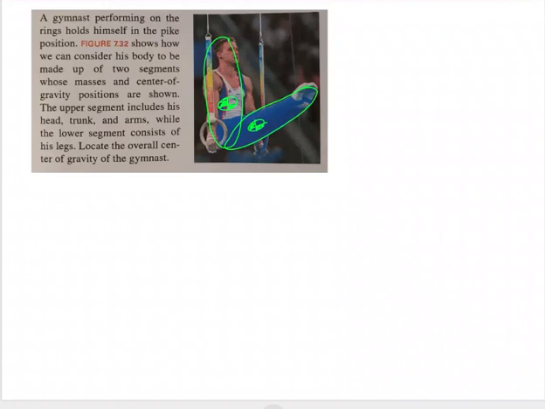So where is his overall center of gravity then? Well, it's actually on a line directly connecting those two centers of gravity. So his center of gravity in this position is actually outside of his body slightly, right about there.